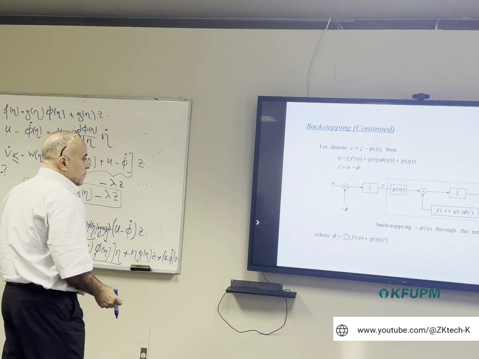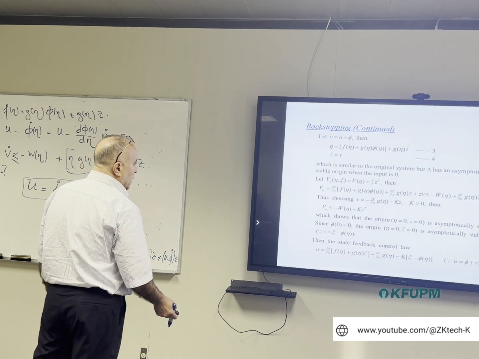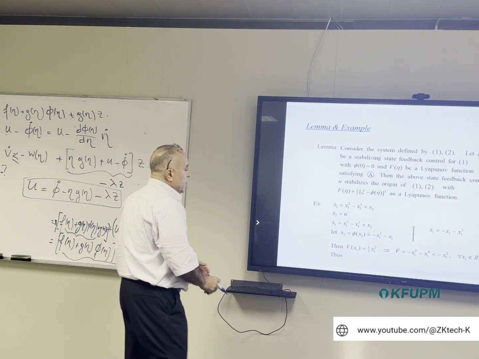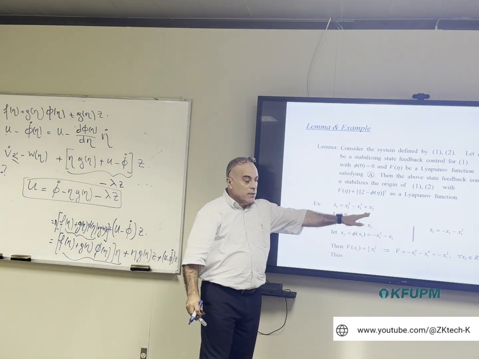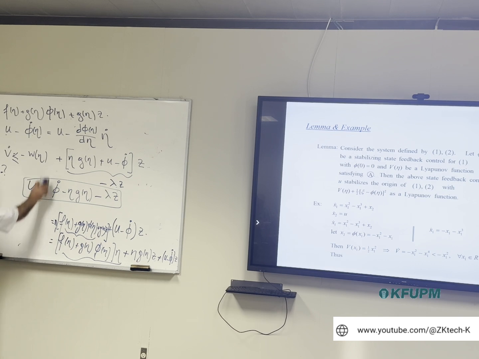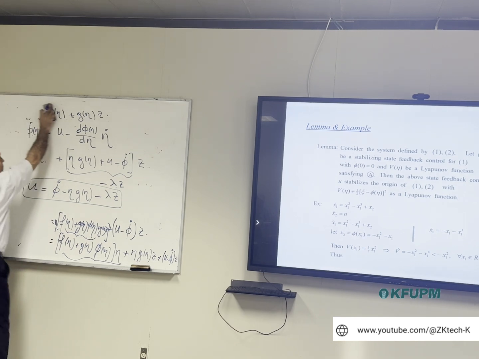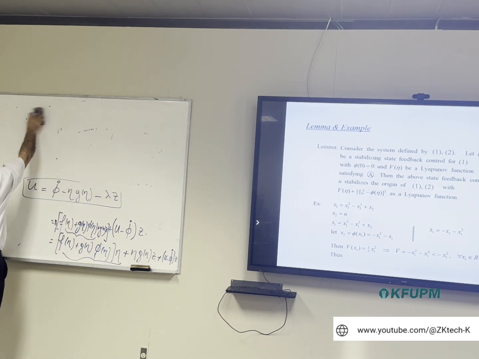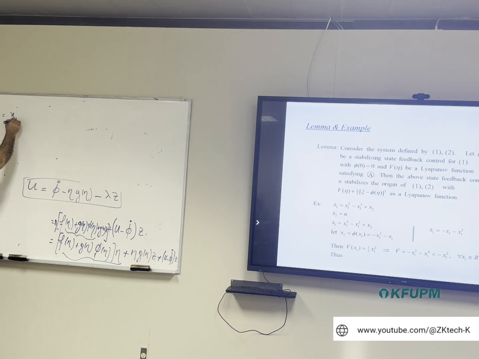All this is explanation, but we will take this example here. x1 prime is equal to x1 squared minus x1 cubed plus x2, and x2 prime is equal to u.